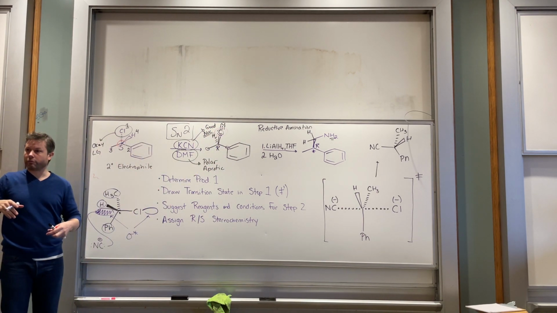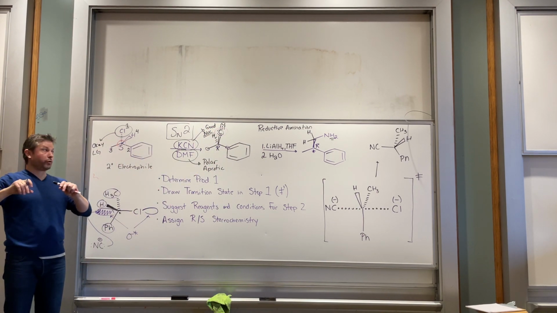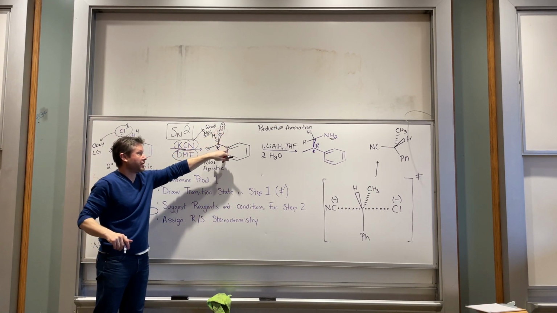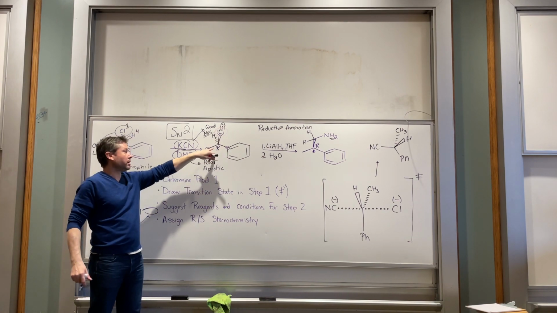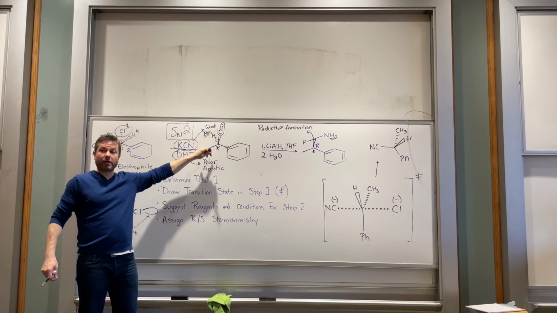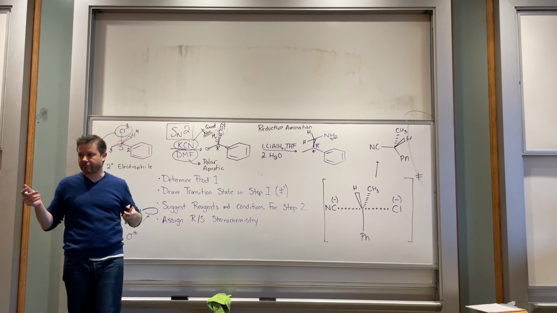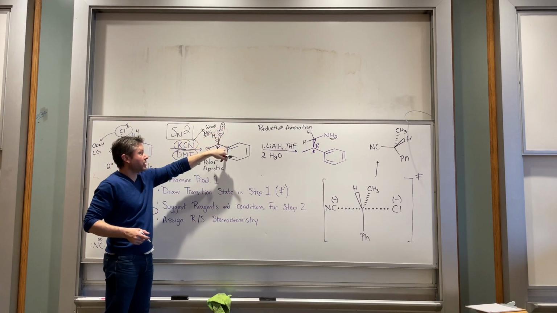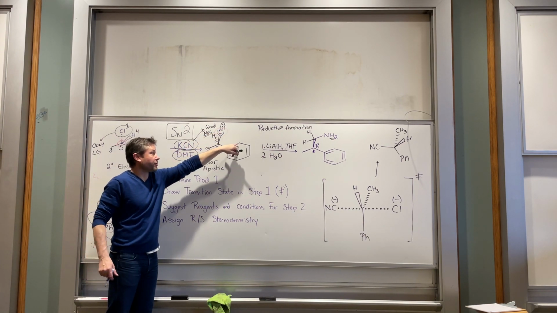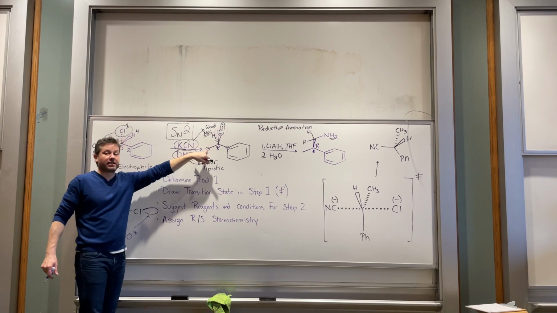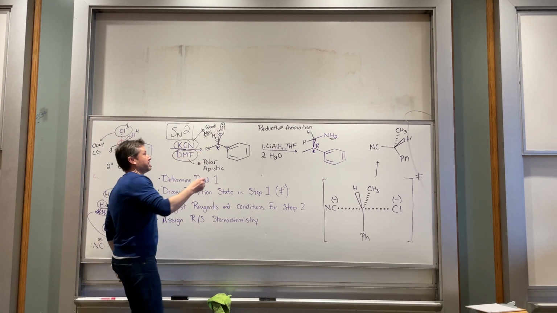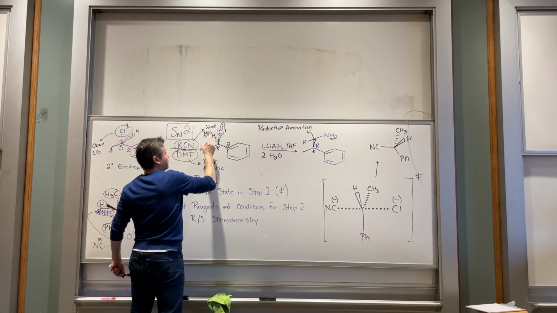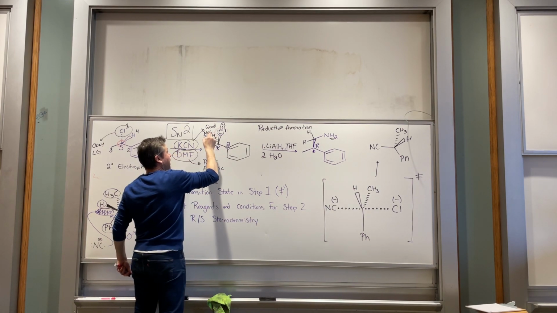When assigning priority, we ask: what is the highest priority atom attached to this carbon, to that carbon, and to that carbon? This one's easy because we can get that difference right away. The highest priority atom attached to this carbon is nitrogen. The highest priority atom attached to this carbon is another carbon. The highest priority atom attached to that carbon is a hydrogen. So that is going to be 1, the phenyl group will be 2, the methyl group will be 3, and the hydrogen will be 4.